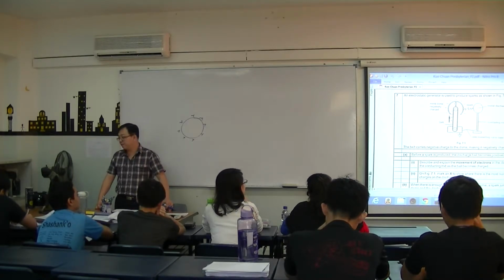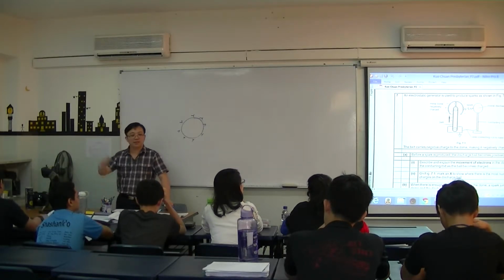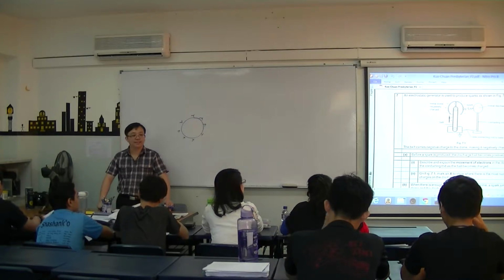Correct or not? After that, from the metal discharge ball, it will conduct to the conducting rod, right? Electrons move to the conducting rod. Then from the conducting rod, they will move to the earth through the wire.